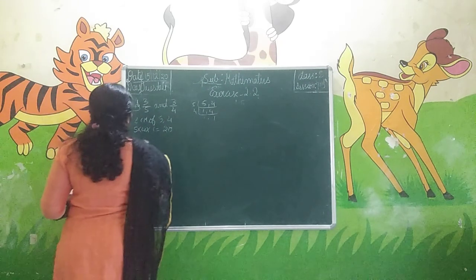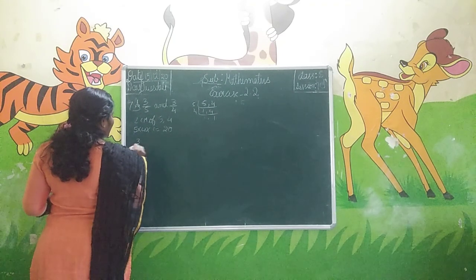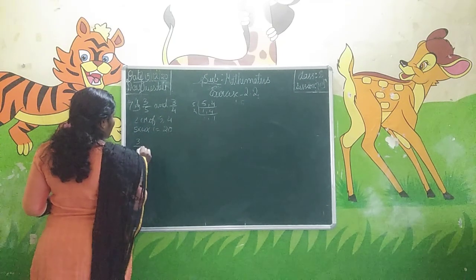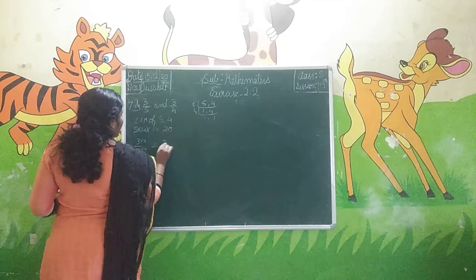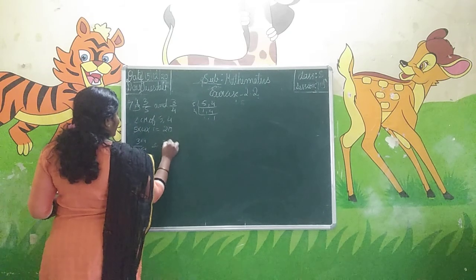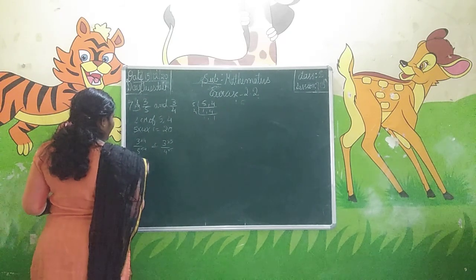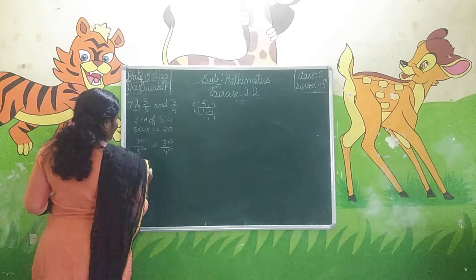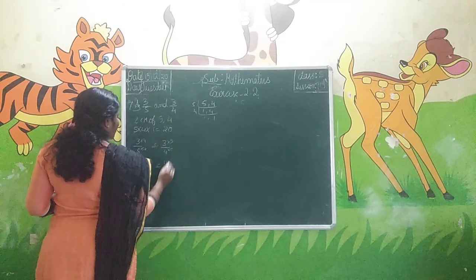So we want to get 20 in the denominator. 3 by 5 into 4 is 12 by 20, and 3 by 4 into 5 is 15 by 20.